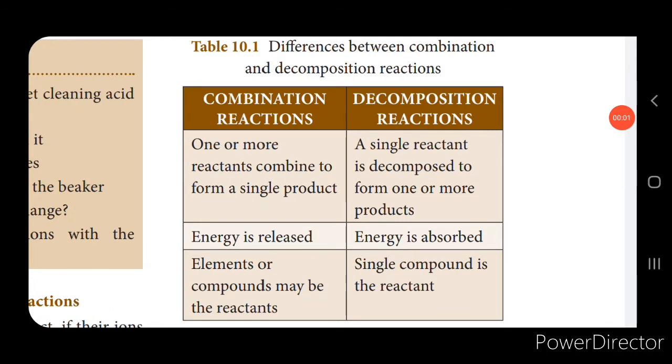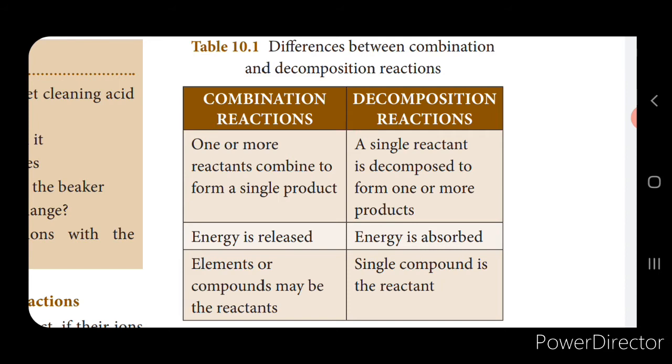Now let's see the difference between combination reaction and decomposition reaction. In a combination reaction, two or more reactants combine to form a single product, isn't it? Combination, synthesis reaction, isn't it? But in a decomposition reaction, a single reactant decomposes, splits into one or more products, isn't it?